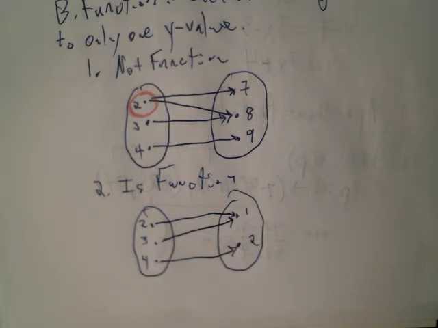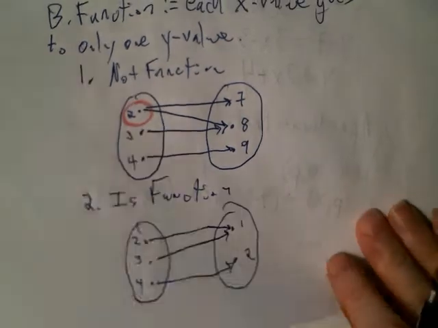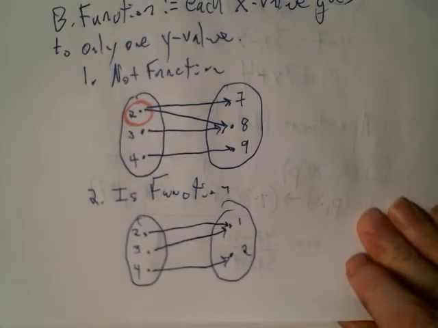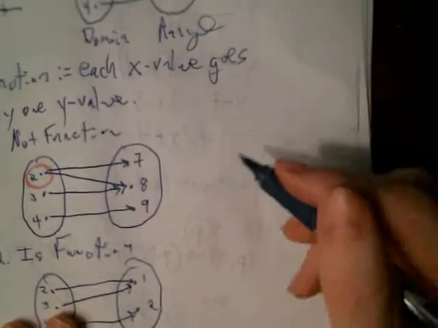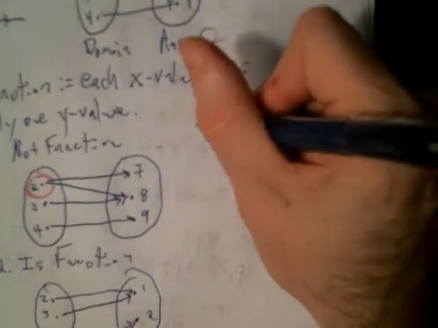Okay, so there are algebraic ways to work with these and do proofs with these. We don't do too much of that, but there is always the vertical line test for determining if something's a function. Okay.